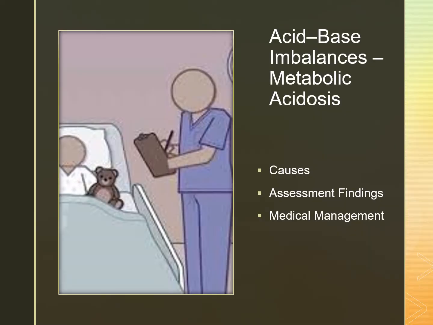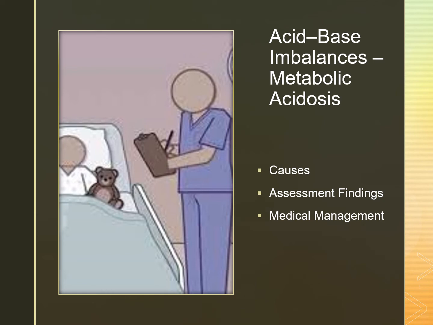Metabolic acidosis is from increased acids or decreased bicarbonate. It can be caused by shock, cardiac arrest, starvation, diabetic ketoacidosis, renal failure, aspirin overdose, loss of intestinal fluid, and wound drainage.